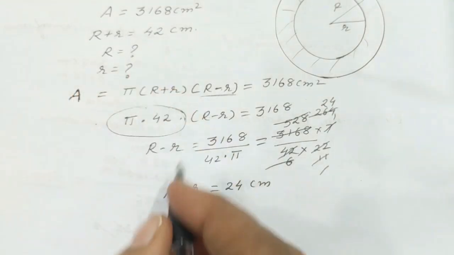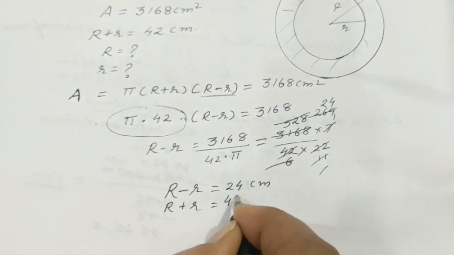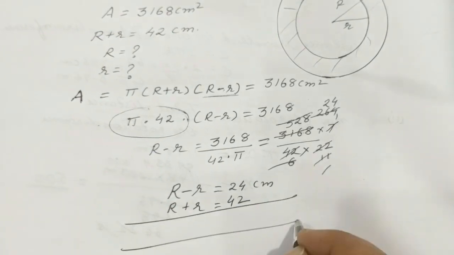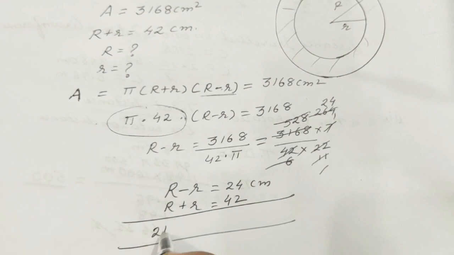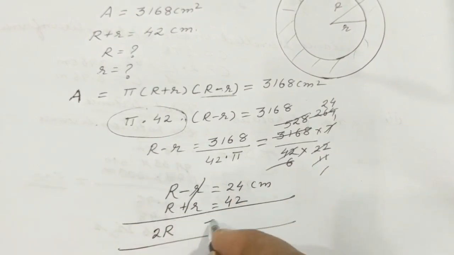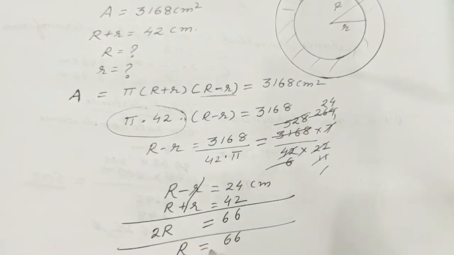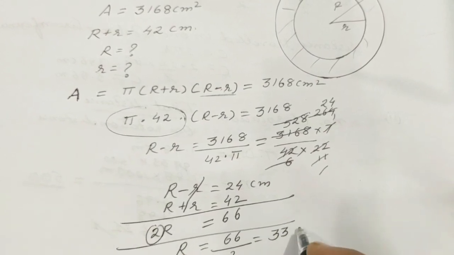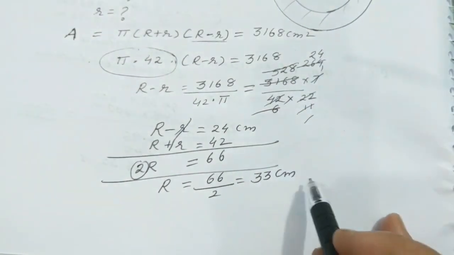And what is the sum of the radii given? R plus r equals 42. Let's try to add the two equations. When you add, R plus R equals 2R, minus r and plus r cancel out, equals 66. Hence capital R equals 66 divided by 2 equals 33 centimeter. Hence children, the outer radius is 33 centimeter.